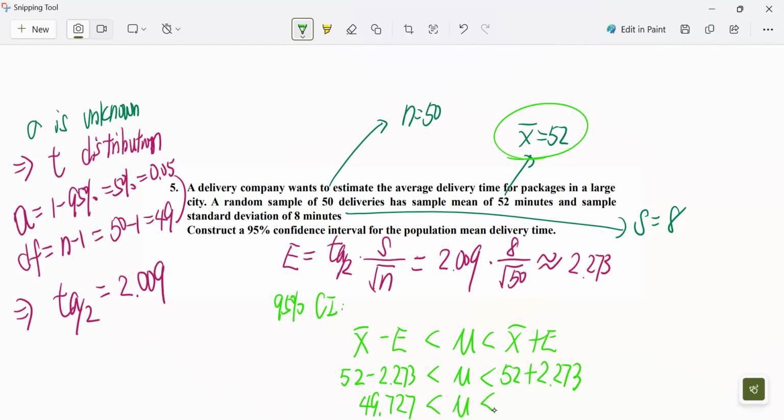Upper limit is going to be 54.273 minutes. What this means is, with 95% confidence, the true population mean delivery time is between 49.727 minutes and 54.273 minutes. That's how we create a 95% confidence interval. Any question about this?